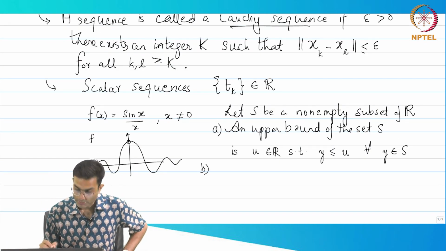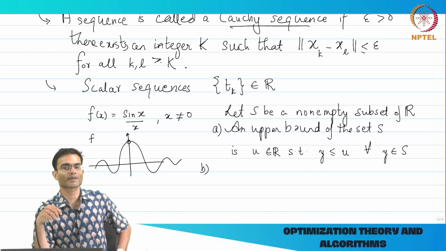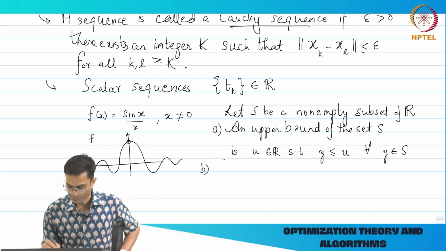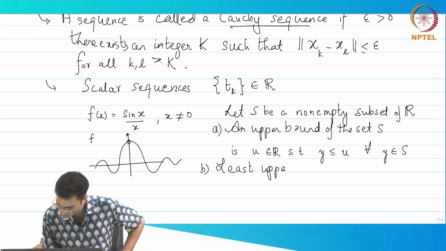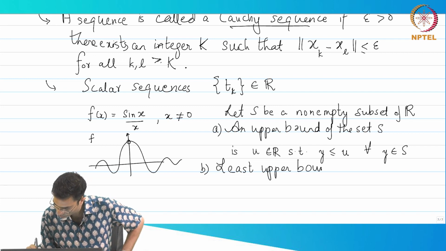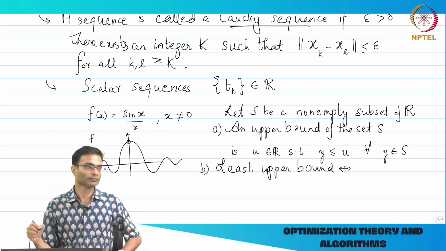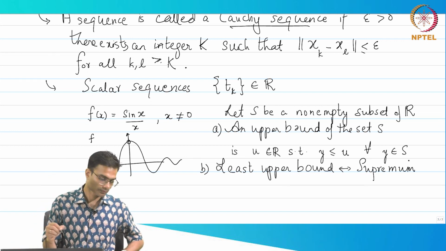The next is, amongst all upper bounds, is there a special upper bound? There's something called the least upper bound. Another word for least upper bound? Supremum, right?